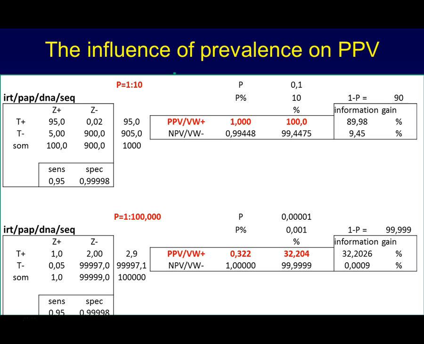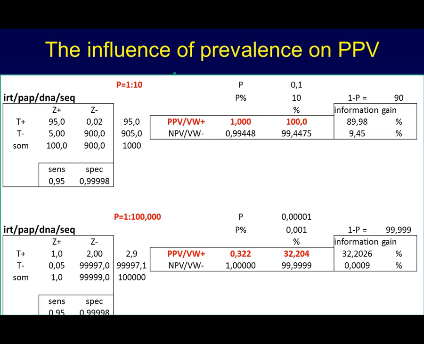This is shown by applying the IRT, PAP, DNA sequencing strategy with a sensitivity of 0.95 and a specificity of 0.99999 in two populations. The first population has a prevalence of 1 in 10, in other words 10%, and the second population has a prevalence of 1 out of 100,000. We apply the same tests with the same sensitivity and the same specificity, but we have a very different predictive value.